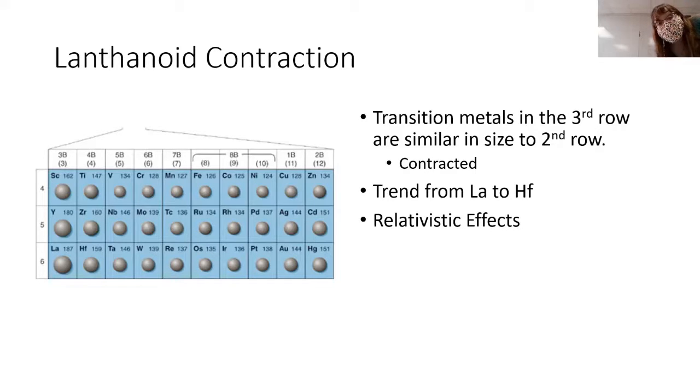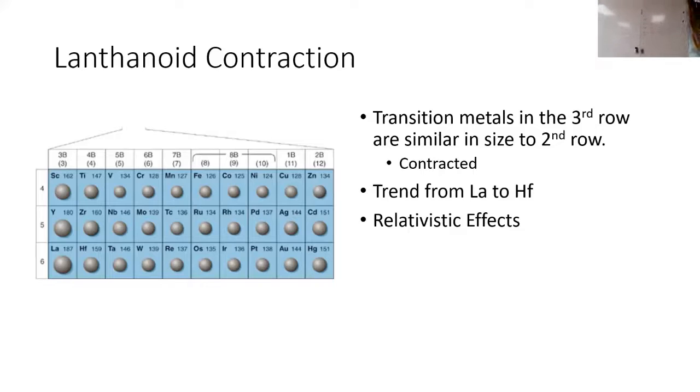There's one, zirconium, which is underneath titanium. So titanium is 147. Zirconium is 160 and hafnium is 159.